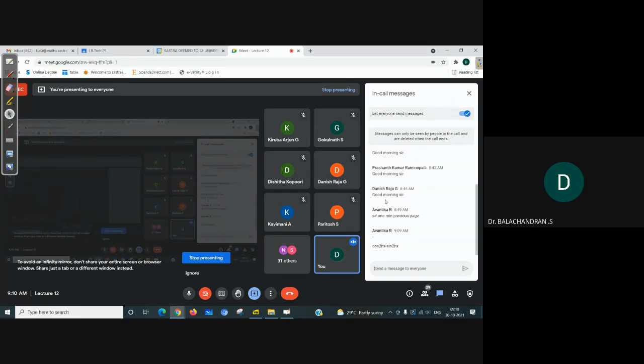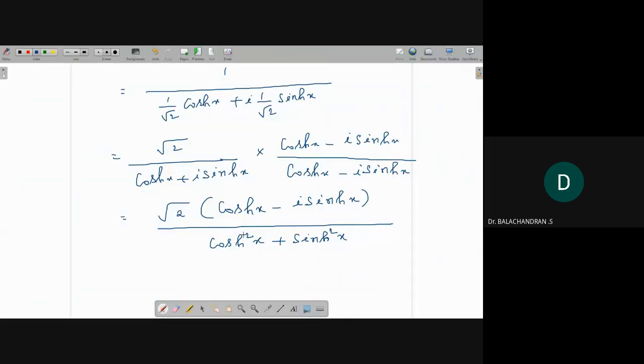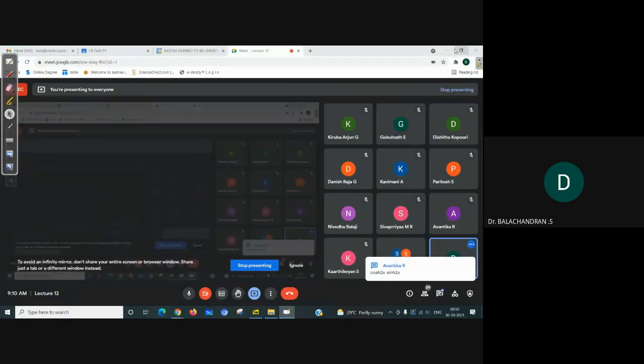Cosh 2x minus sinh 2x? No, it's okay. I'll give you an idea. Cosh 2x, sir. Very good. What is your name? Rahul, sir. Correct. How did you get it?